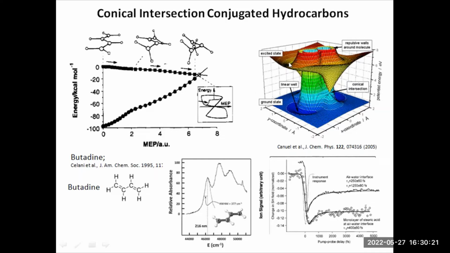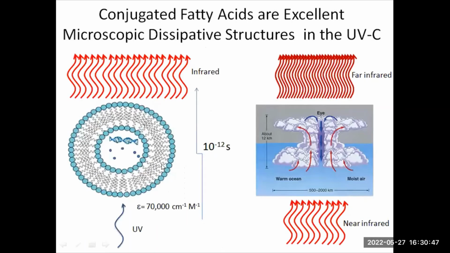It's converting the electronic excitation energy into vibrational energy and then distributed into the water. So the system goes very quickly through this conical intersection back to the ground state. So these hydrocarbons, just like we have seen for adenine, guanine, cytosine, and thymine, they all have conical intersections. Not all molecules, of course, have conical intersections.